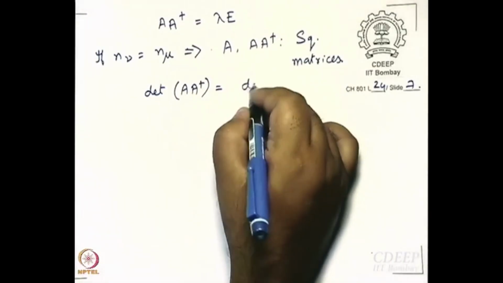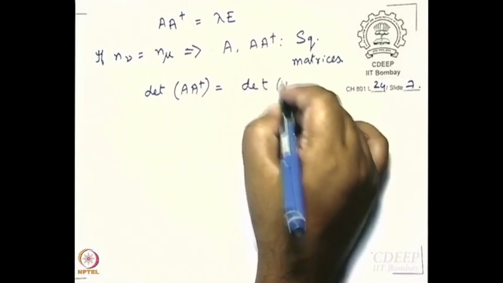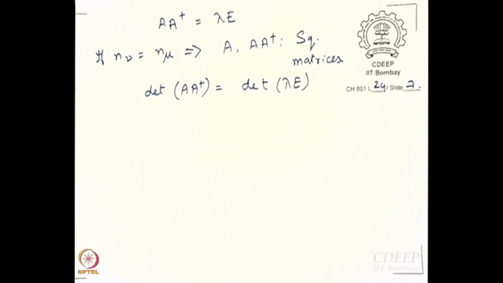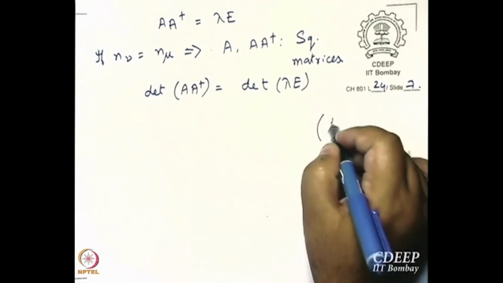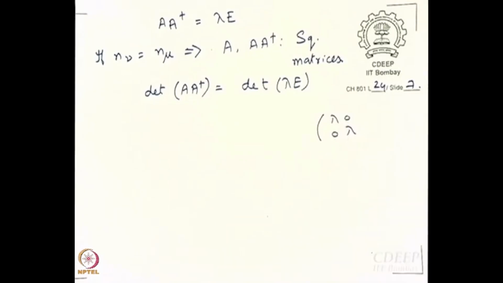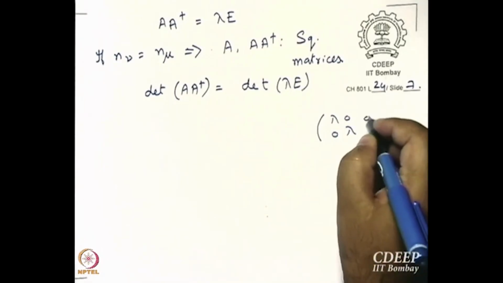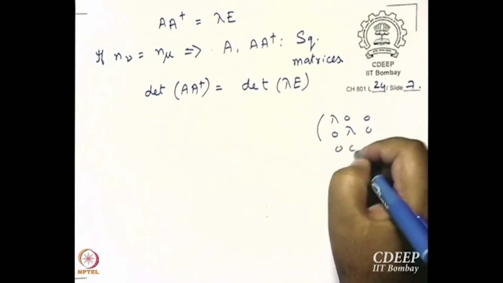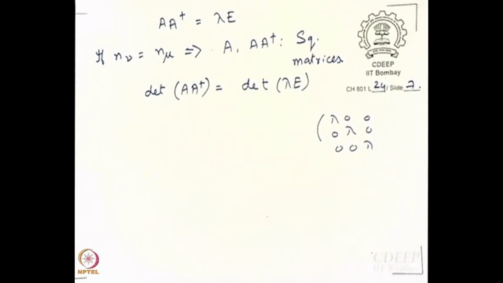I will make your job a little simpler. Det lambda E, let us talk about a 2x2 matrix, lambda square. Let us talk about a 3x3 matrix.